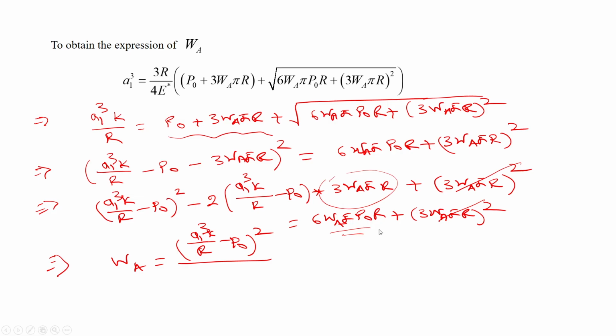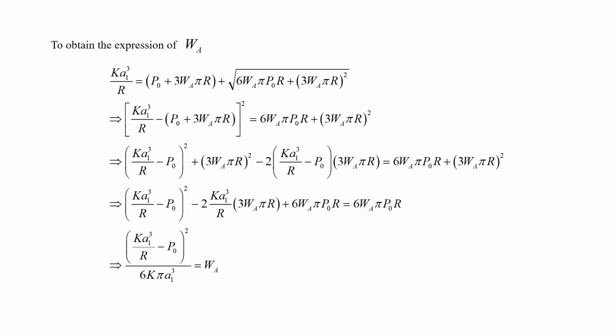Bring it to the left hand side, so therefore it will be 6 here, and it is divided by 6 pi R times A1 cube k by R. This R gets cancelled, and we can simplify it. So, finally, I will get the expression that I was trying to get.